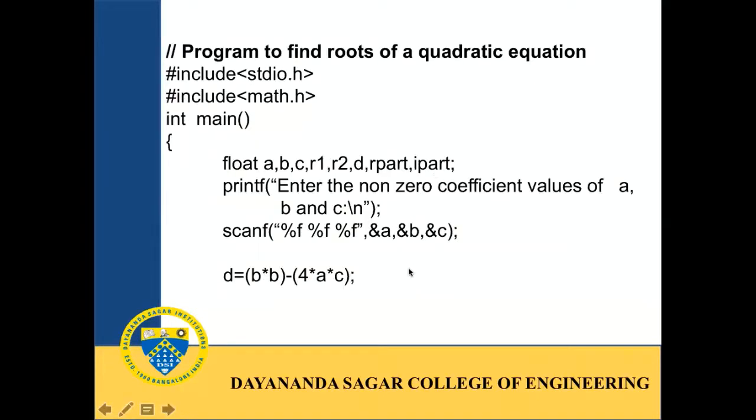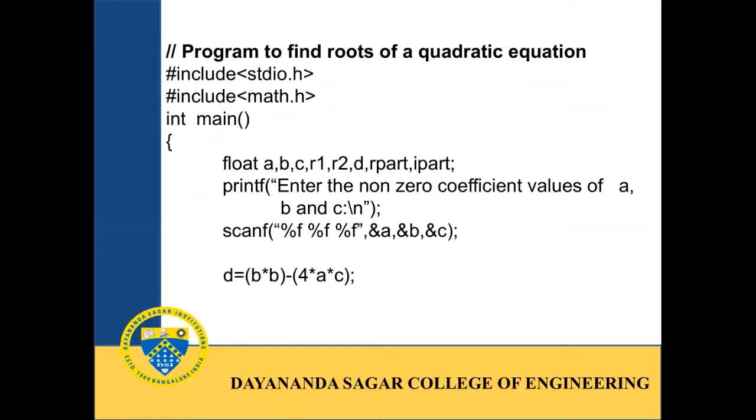Here is the program to find the roots of a quadratic equation. We are including two header files, stdio.h, that is standard input output header file, and math.h, that is mathematical. If we are going to use any built-in mathematical functions, we need to include the math.h header file in our program. Then in our local declaration, we have a few variables that we are declaring, which are of the type float: a, b, c, which are the coefficients of the quadratic equation.